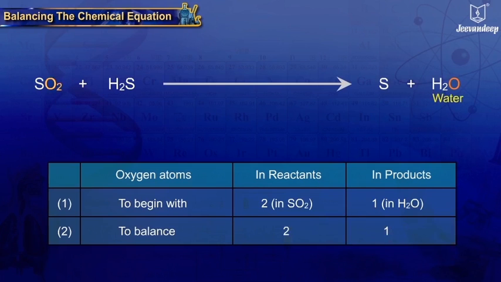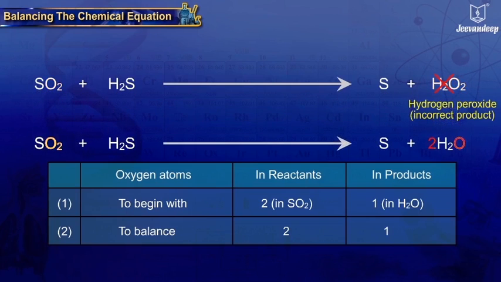In order to equalize the number of oxygen atoms, we just cannot add an oxygen atom to H2O on the right hand side, as this will change the formula of water, that is, H2O to hydrogen peroxide, H2O2.